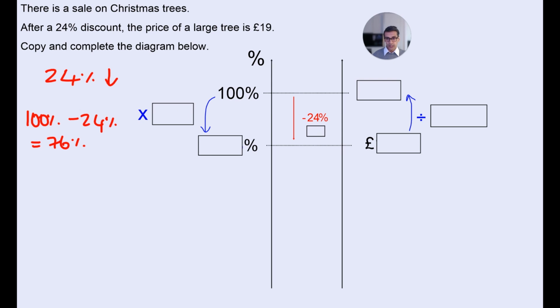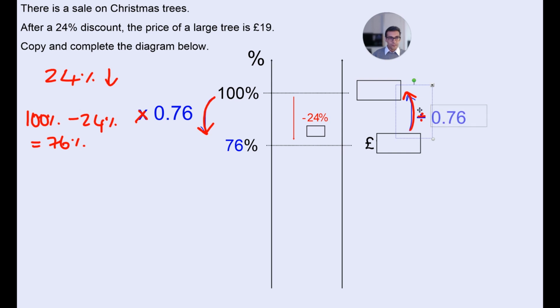So what we're doing is multiplying by 0.76 to get to 76%. Now if you're going in the other direction, I want you to notice here we are multiplying. If you're going in the opposite direction, we're going to be dividing by 0.76. So that's something that's important for you to know here and notice.